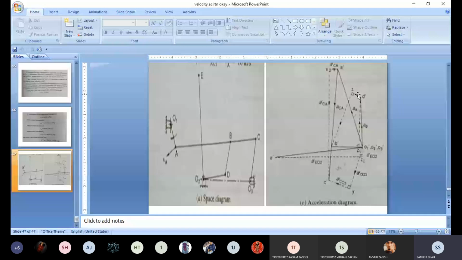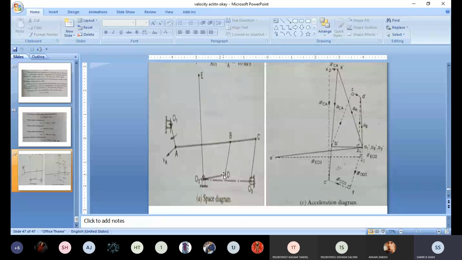Okay, I repeat, from point Z, draw vector ZD dash perpendicular to capital BD to represent the tangential component of the acceleration of D with respect to B, whose magnitude is yet unknown. We have not found its magnitude yet, so keep it as it is. Now we talk about this O2D line.